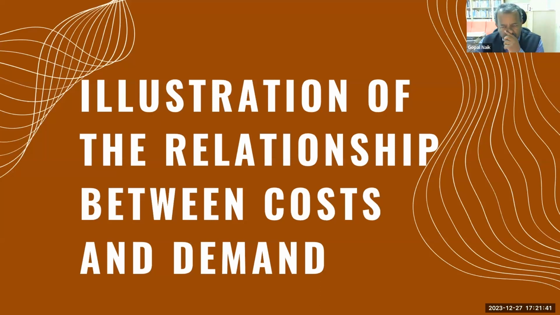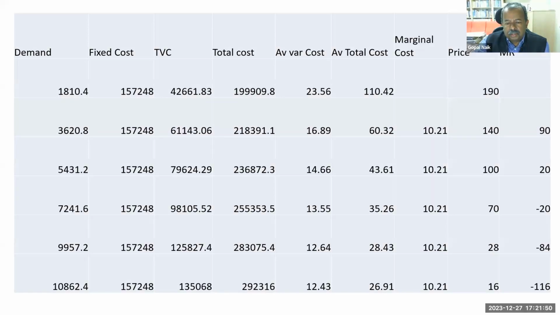So let's illustrate the relationship between the cost and the demand. We have taken this example from one of our case studies in Odisha, in Ganjam district, a place called Kamapalli, where Gram Vikas is doing a lot of work.